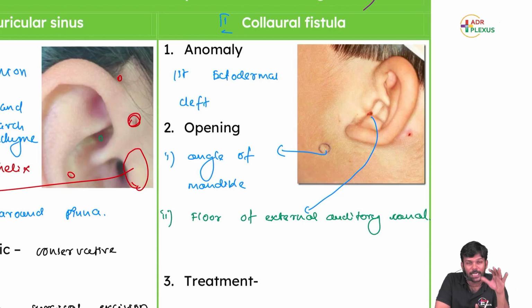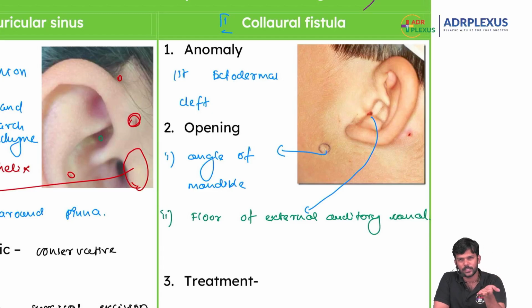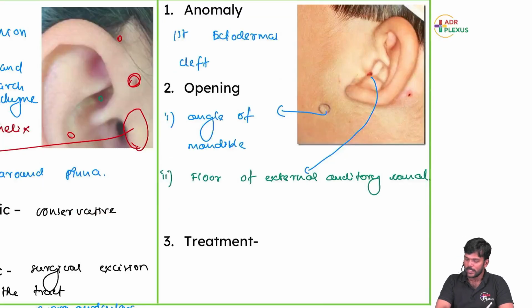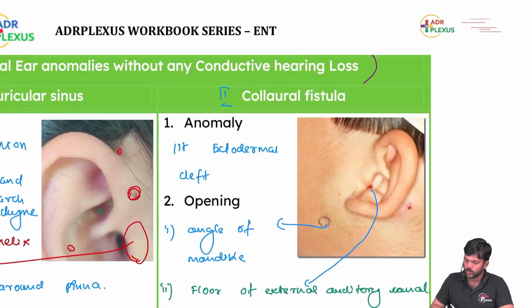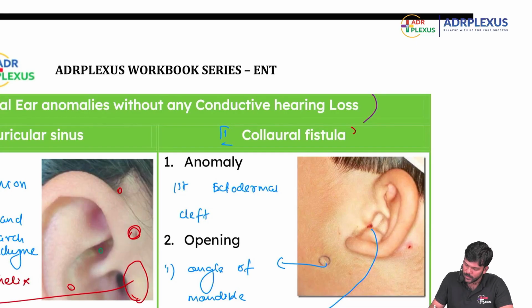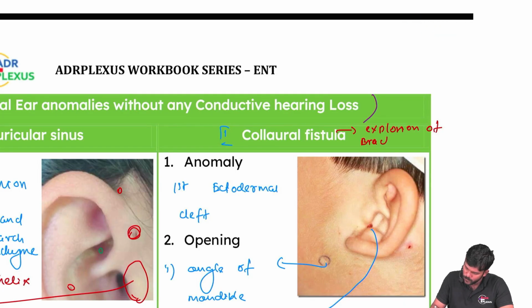Any cyst of the branchial arch is called a branchial cyst. Type 2 is there, type 4 is there, type 6 is there, many types are there. Type 2 is the most common. Out of type 2, subtype number 1 is coloboma fistula, which is actually an explosion of a branchial cyst.